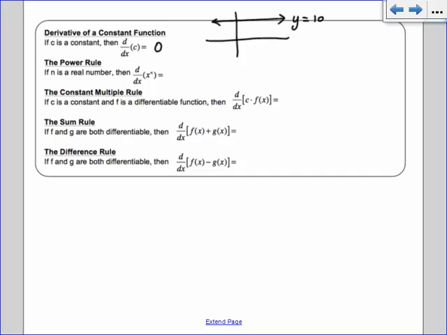But if I have something like x to the n, its derivative is going to be what? We said the power goes to the front, so n, and then x to the n minus 1. So if I had y equals x to the 6th, its derivative will be y prime equals 6x to the 5th. You bring the power to the front and you subtract 1 from the power.